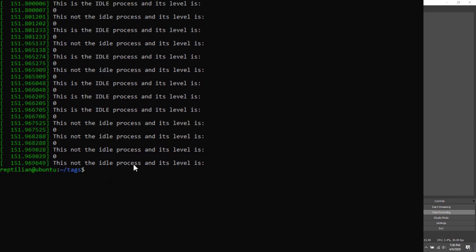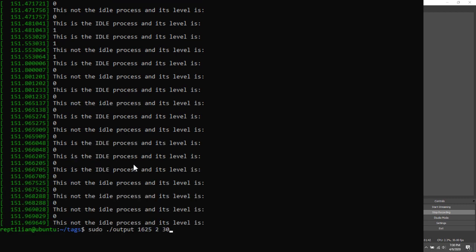And on the other hand, let's look at the actual implementation inside of the kernel of this. So if we look under, let's find it.